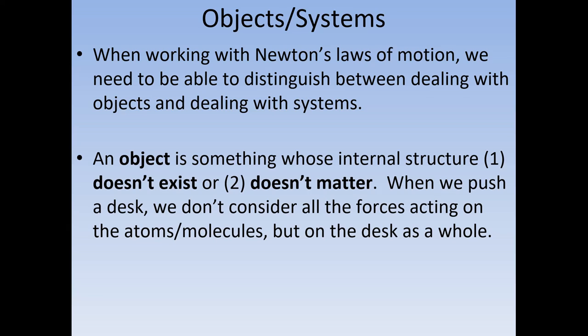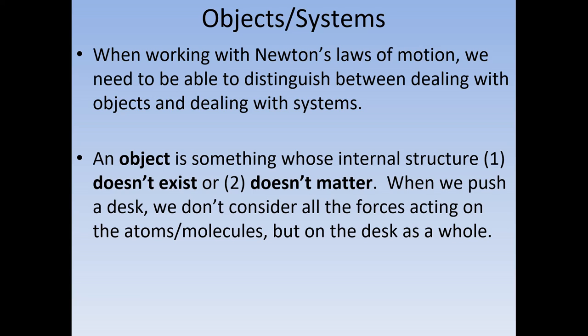Pretty much anything that is solid can be thought of like that. Or it's something whose internal structure doesn't matter. If something does have different parts inside, we don't care what's going on inside. You sitting in your car, technically there is an internal structure, but as far as the mathematics is concerned, it doesn't matter. We can just simplify it and ignore it.